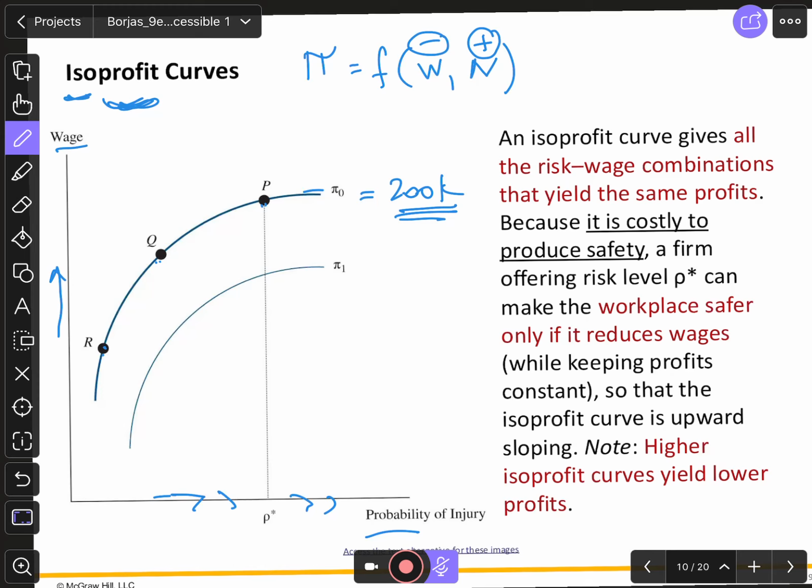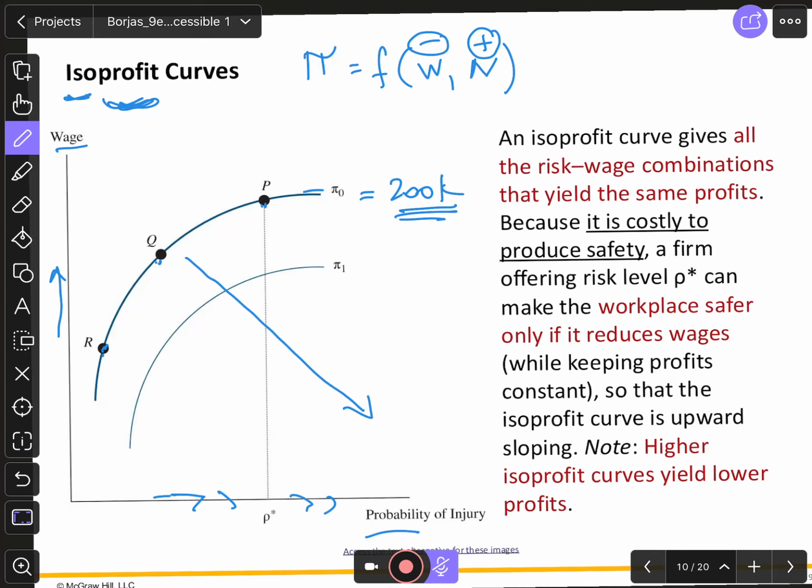Let's take it step by step. So P, Q, R, the 3 points give the same amount of profit, showing a positive relationship between wage and the probability of injury. Going this way increases profits.